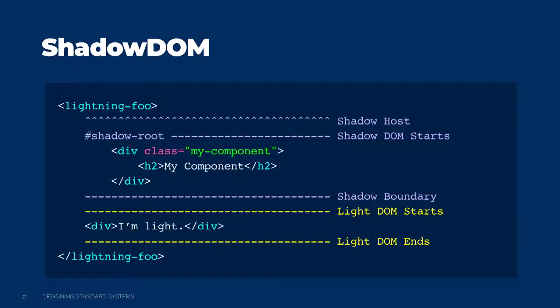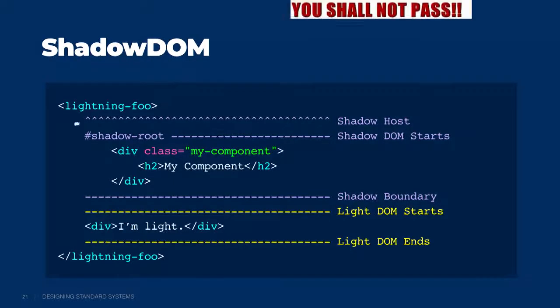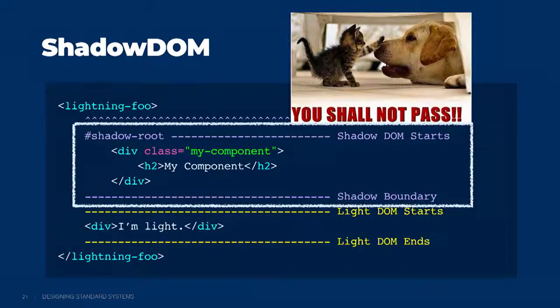In our case, we can use JavaScript or an HTML template to insert the DOM node, which will be the div myComponent, the class myComponent. We're going to insert that into our shadow root. That will be the only thing in our shadow root. So you can see where it begins. Puppies and kitties, we had to do it.